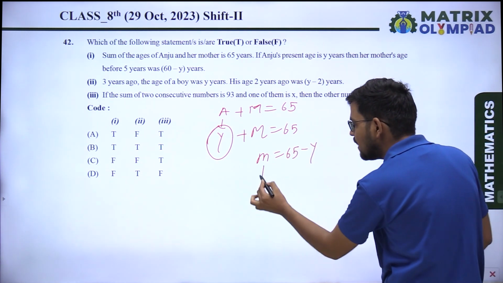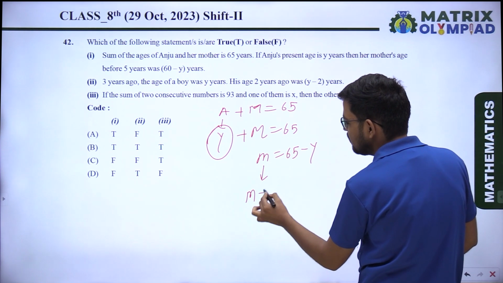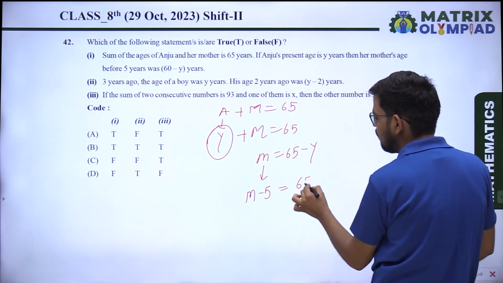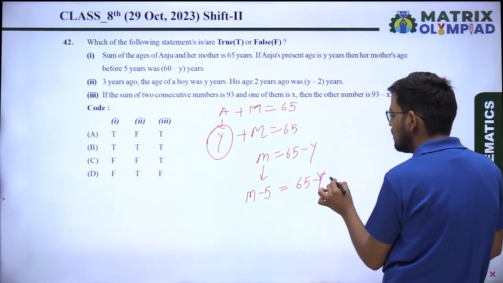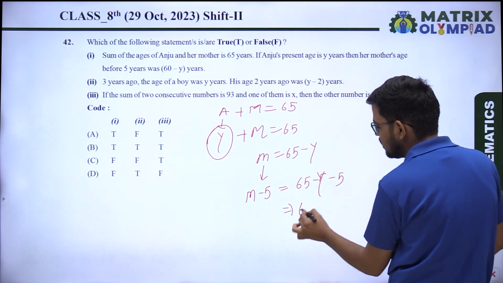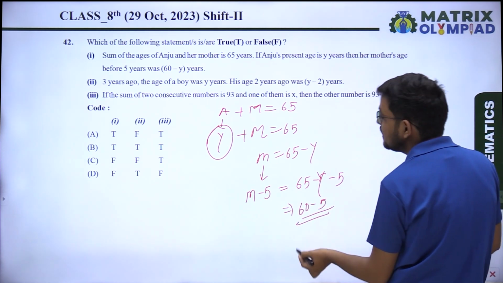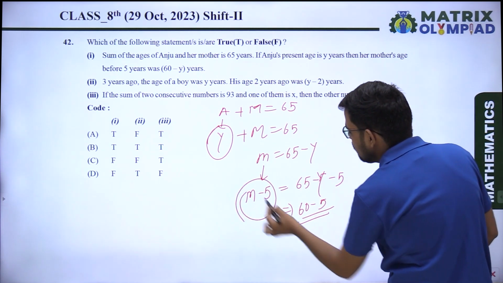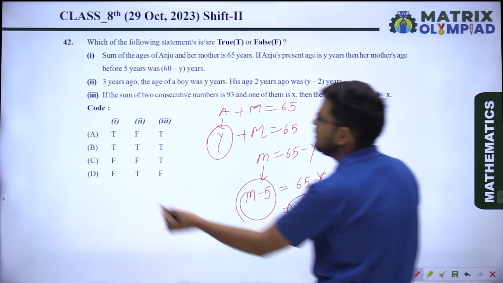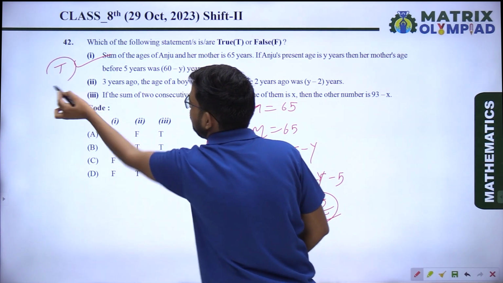So 5 years ago mother's age was 65 minus y minus 5, that is 60 minus y. It means 5 years ago mother's age was 60 minus y.